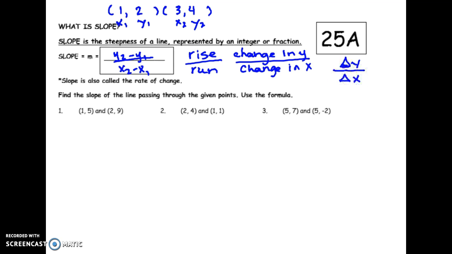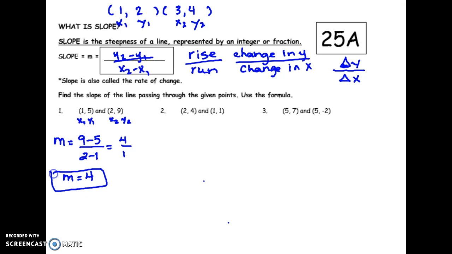To calculate it, we've got our two points here. Find the slope of the line passing through the given points using the formula. If this is my x1, this is my y1, and this is my x2 and this is my y2, the slope is y2 minus y1, so 9 minus 5, divided by 2 minus 1. 9 minus 5 is 4, 2 minus 1 is 1, so my slope is a positive 4.